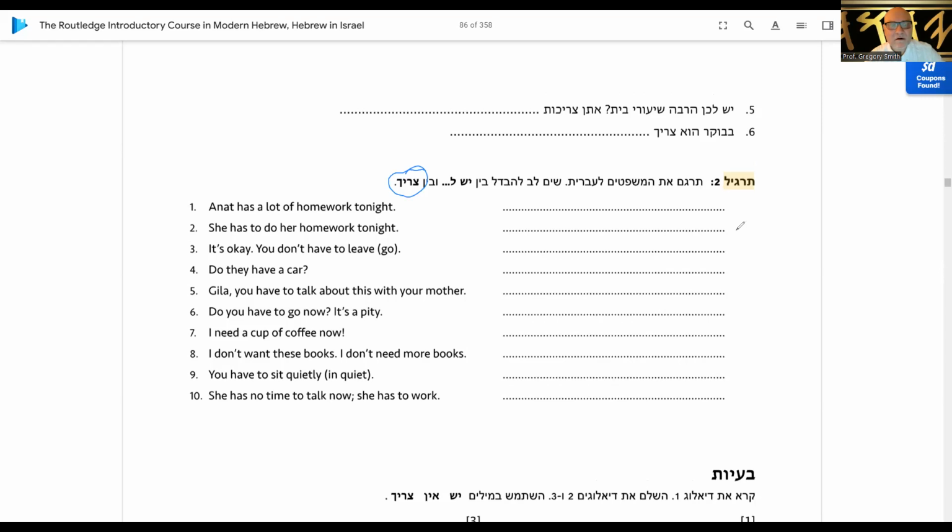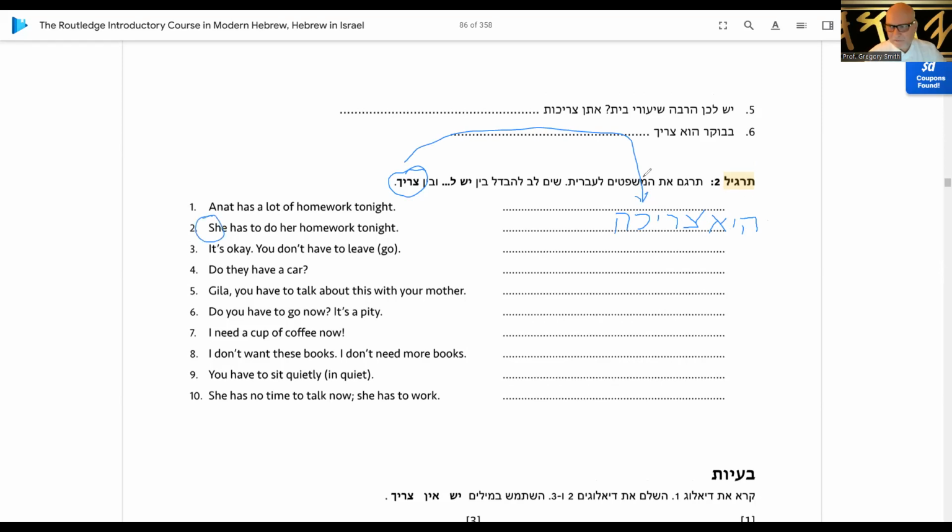But it's going to use this here, Zirikha. It's going to use this in the feminine form because we're talking about she, right?